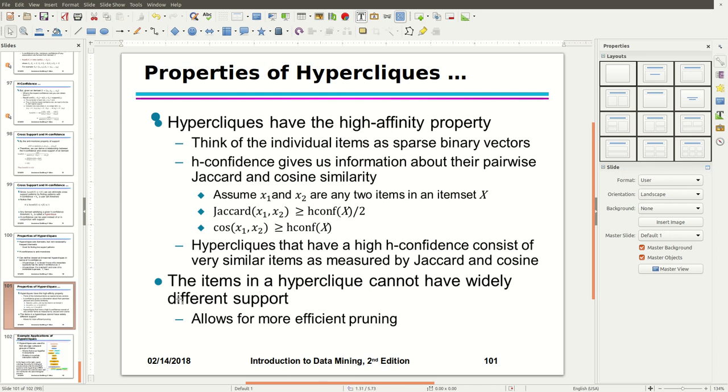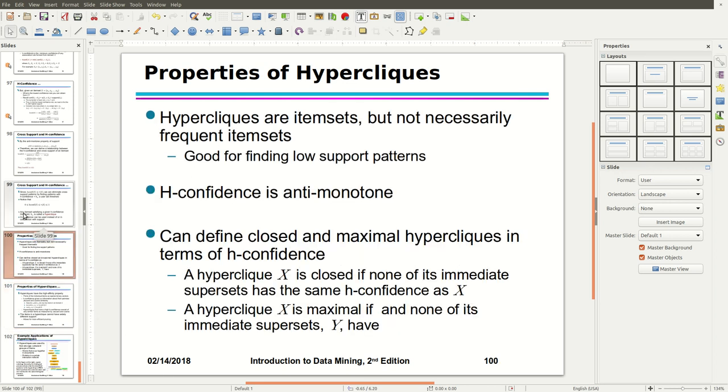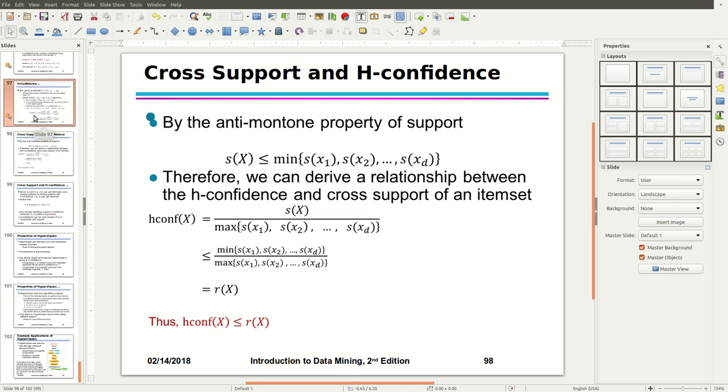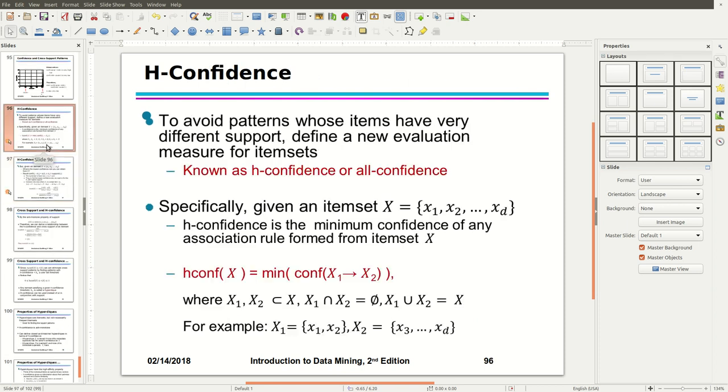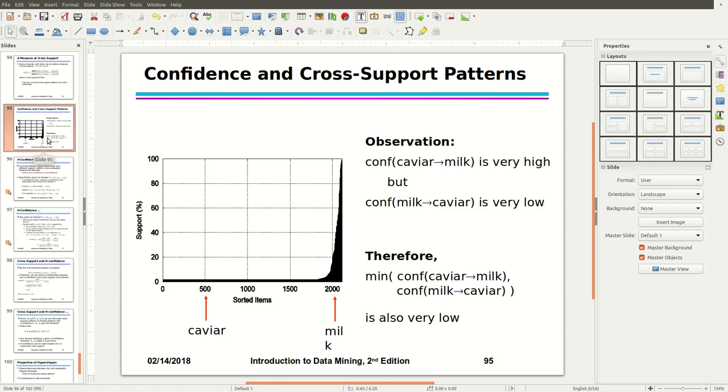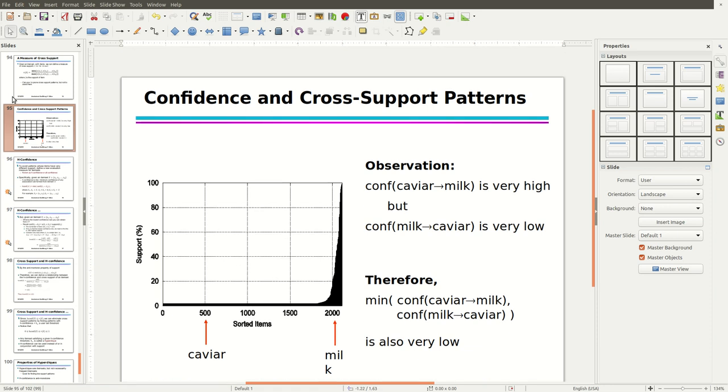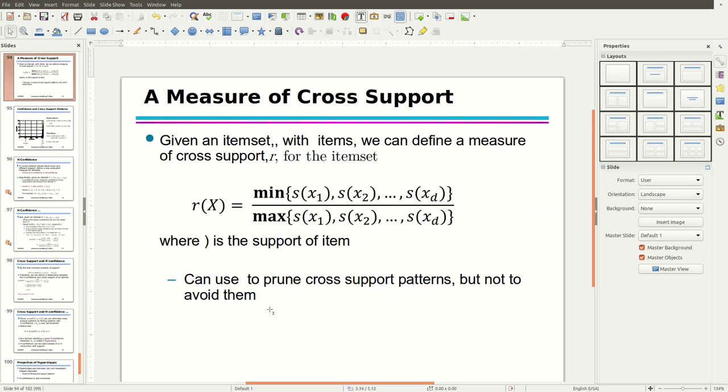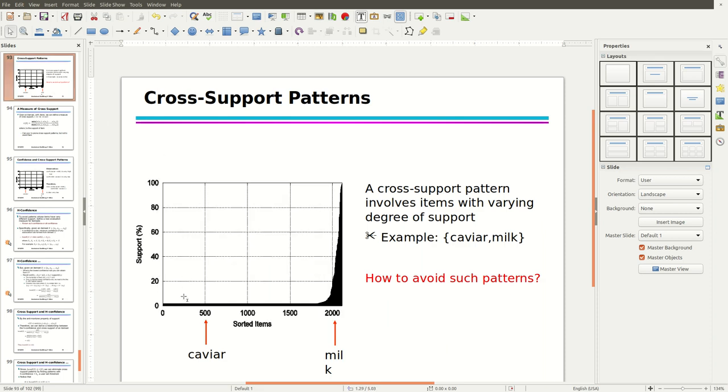Just to summarize, because I know this is a lot of heavy concepts here, basically what we have been trying to do is come up with a way to eliminate rules that will actually mess up our rule generation. Because there are situations where we have cross support patterns, like the caviar and milk example.